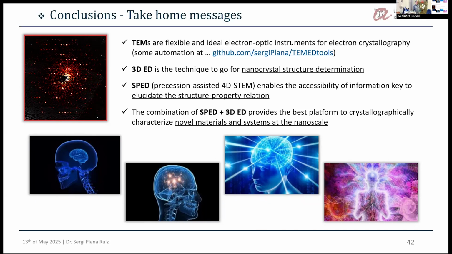Yes, things have developed a lot in the sense that sensitive detectors are more available, so you can really set your electron beam to have a very low electron flux, so you have the minimum interaction with your crystal in order to get significant electron diffraction data out of this.